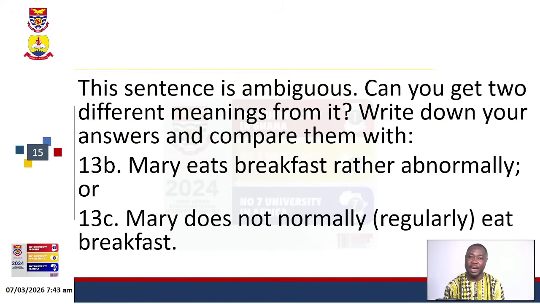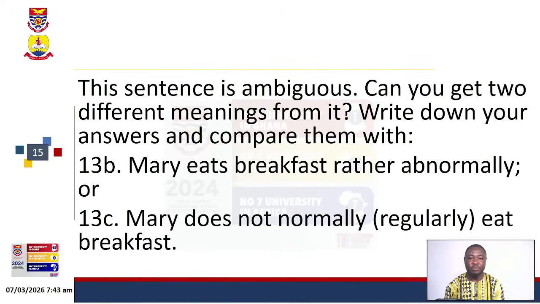So the adverb normally can modify the eating, or it can modify the breakfast event itself. Okay, so when you eat breakfast today at 6, tomorrow you take it at noon, and you call it brunch. That is not a normal way of eating breakfast.